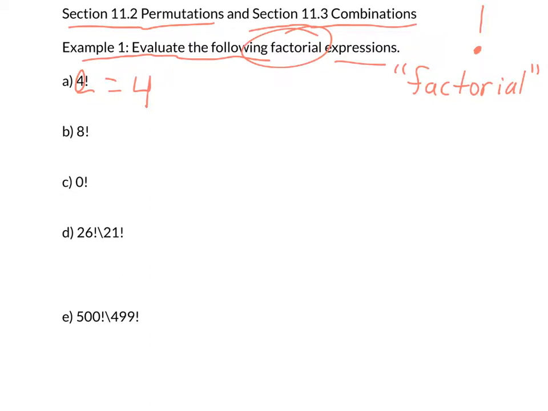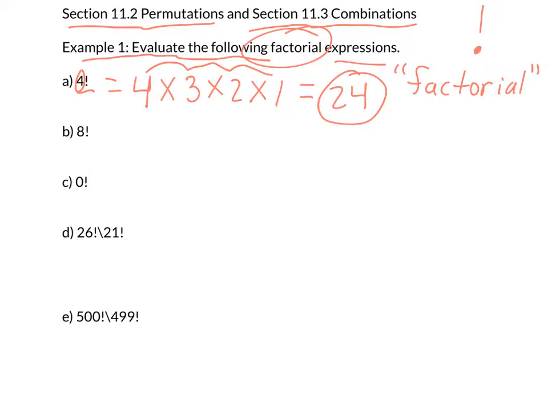So 4 factorial really means 4 times 3 times 2 times 1. And when we multiply out 4 times 3 times 2 times 1, we see that 4 factorial equals 24. So 24 would be the final answer for A.